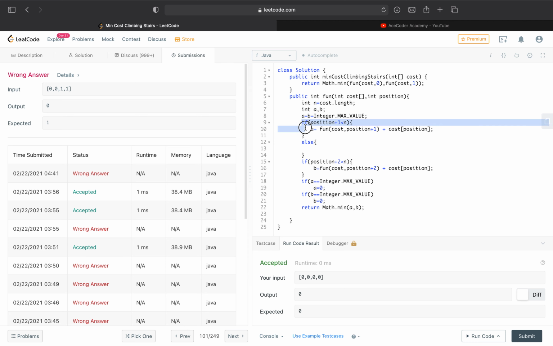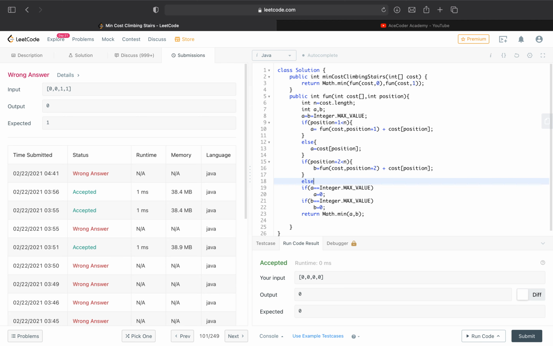What if we are not able to jump outside this array, like position plus 1 is not less than n, else what do we have to do? A is equal to the cost of that particular position. Similarly for B. I'll explain what we are doing.